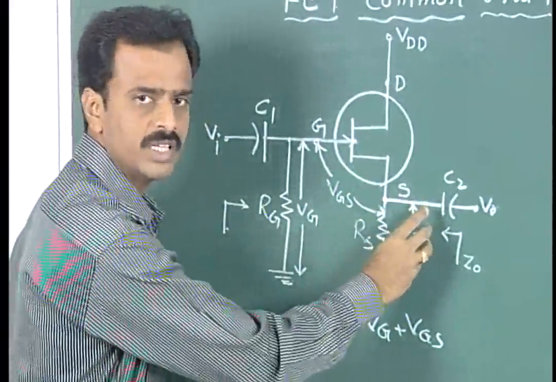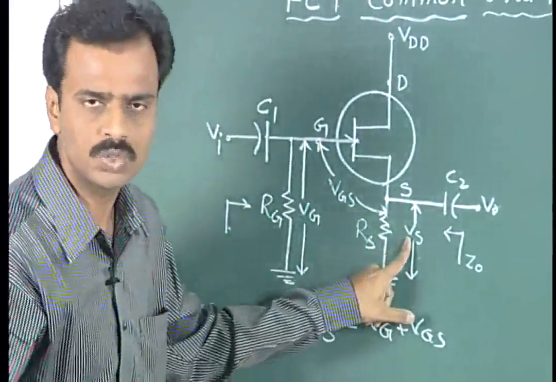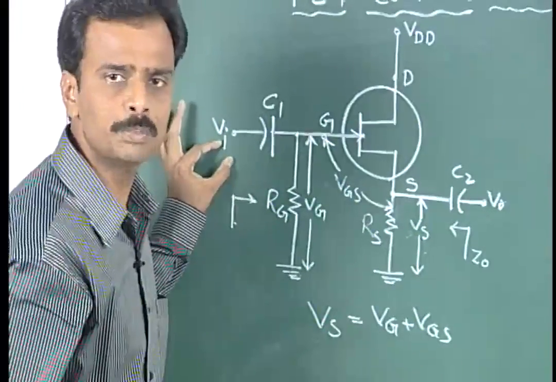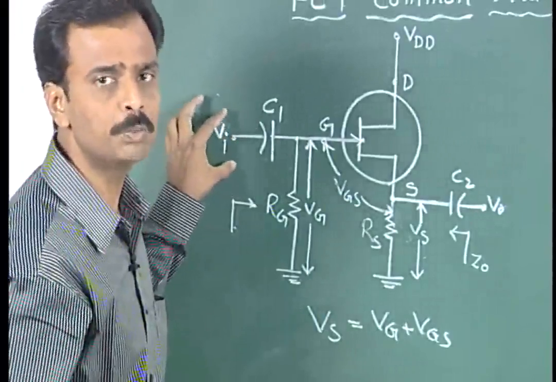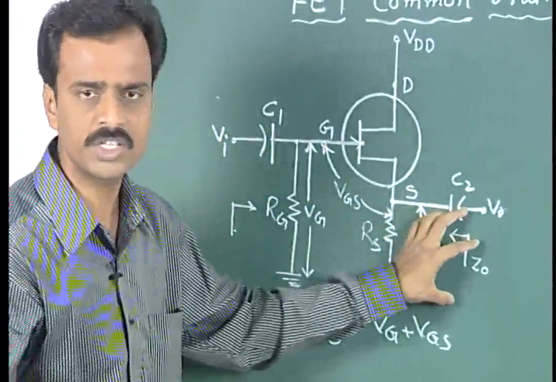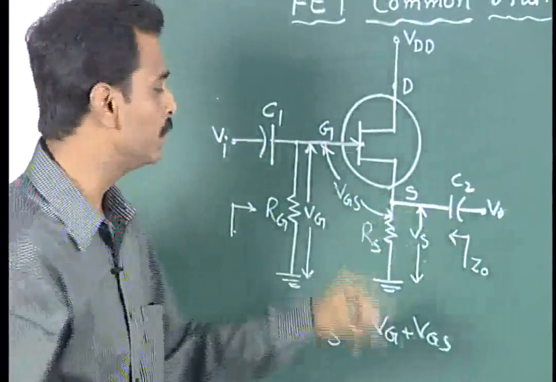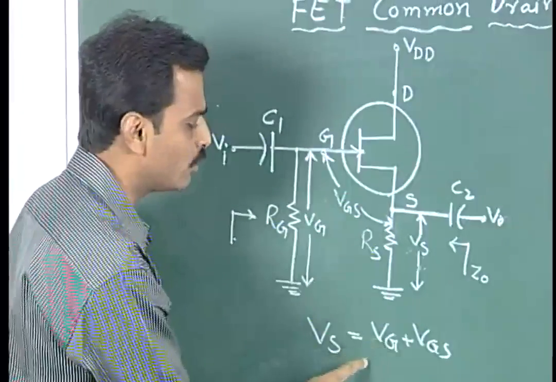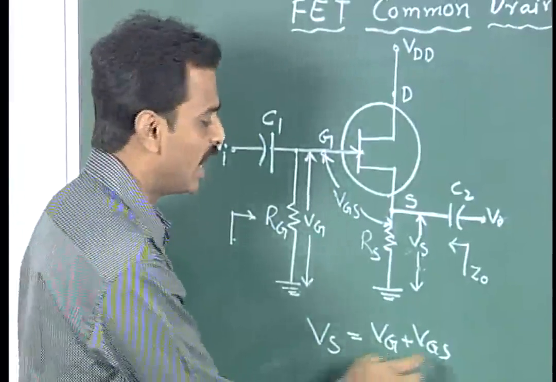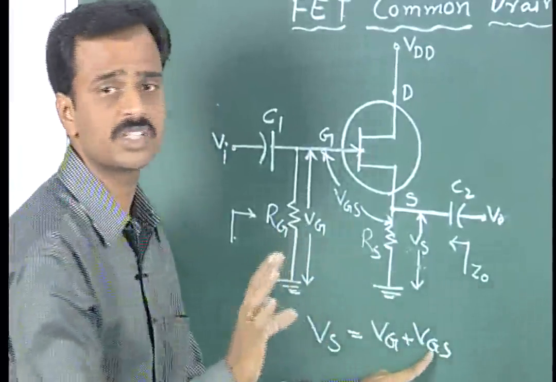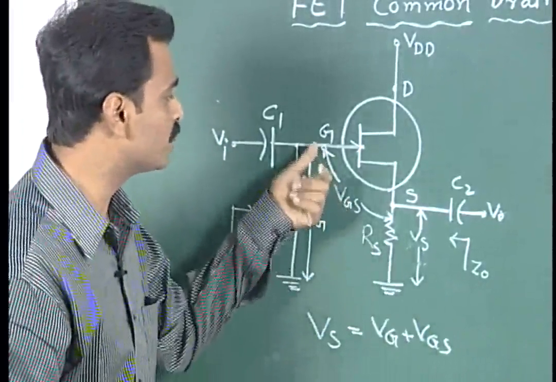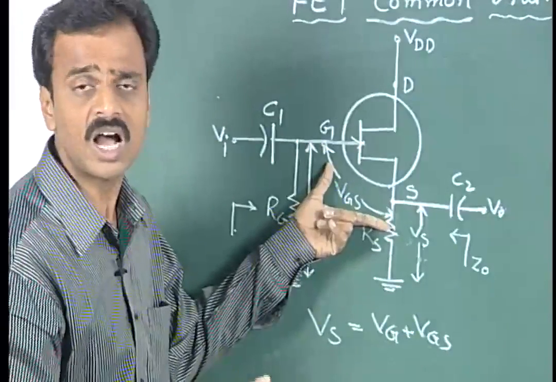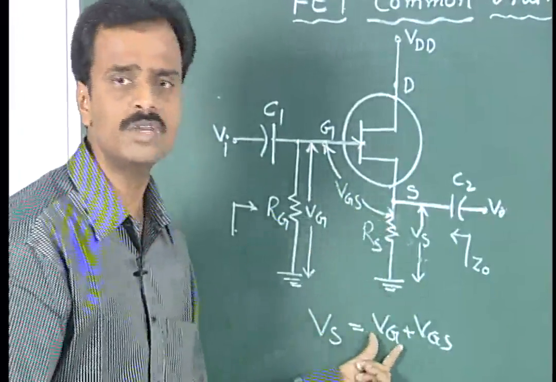Now, whatever be the input voltage you apply, if we vary the source voltage by varying the input voltage, whatever variation we apply as the input voltage to the circuit, the same variation is obtained in Vs. Because Vs is equal to the sum of these two voltages, and Vgs will remain constant throughout. Vgs is constant as the voltage between the gate and source remains constant always, and only Vg varies.